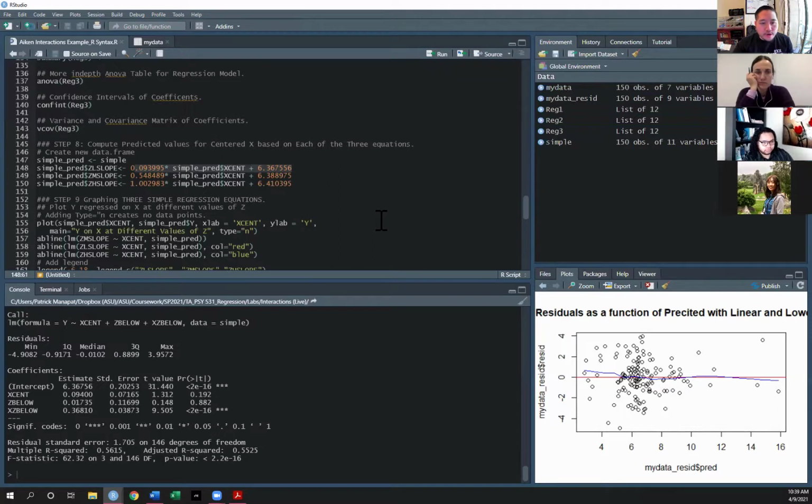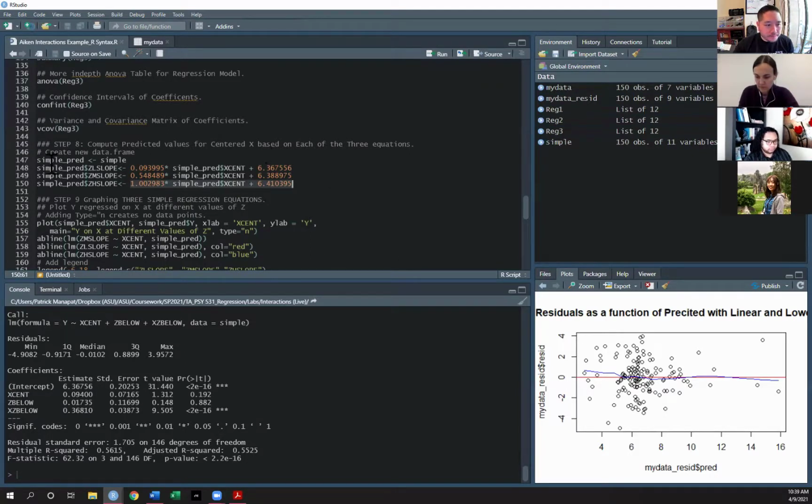Essentially, I just want the predicted values at one standard deviation below the mean of Z so that I could plot them. Similarly, we have the simple regression equation at the mean of Z, and we'll get the predicted values for those. Then I have the simple regression equation at one standard deviation above the mean of Z, where we again want to compute the predicted values so that we can plot and see what these relationships look like.